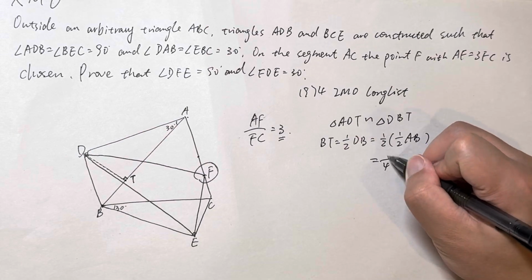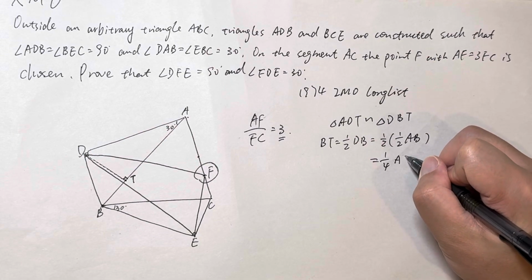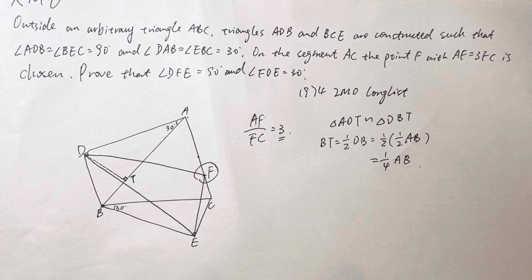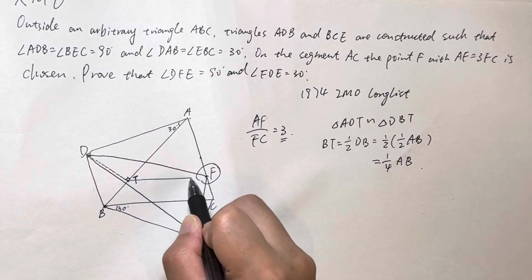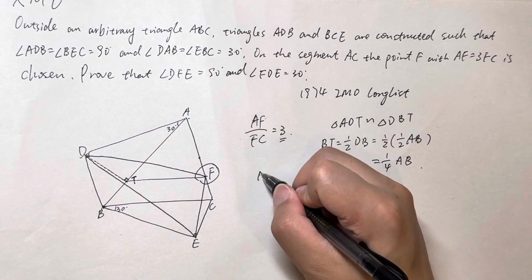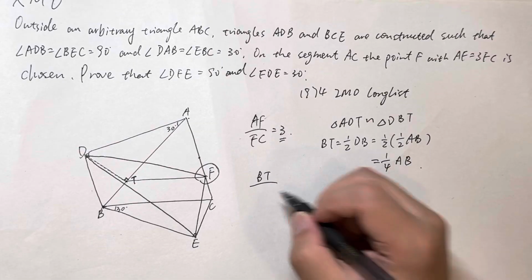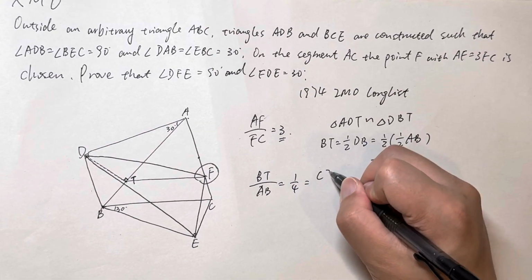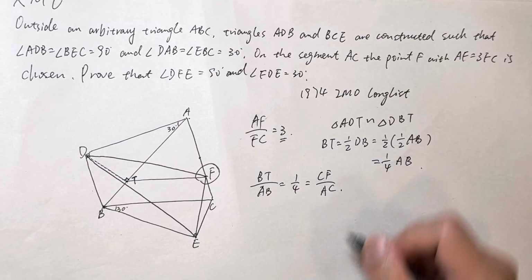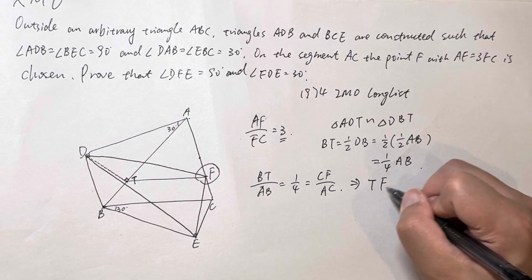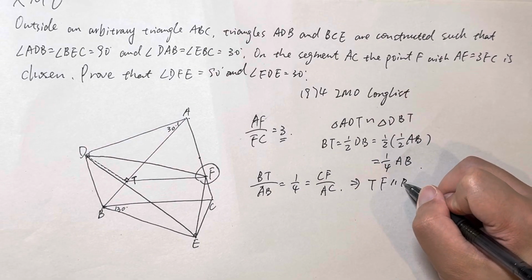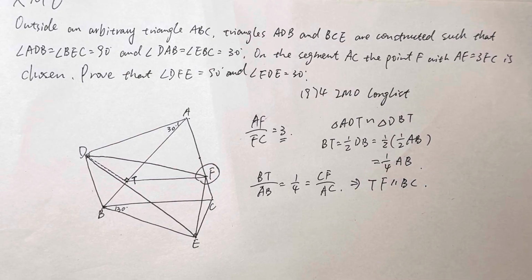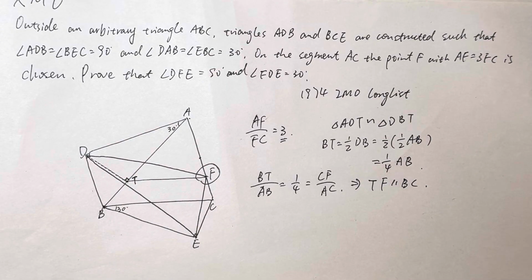So it equals 1/4 of AB, which means BT to AB equals 1 to 4, equal to CF to AC. So we know that TF is parallel with BC.